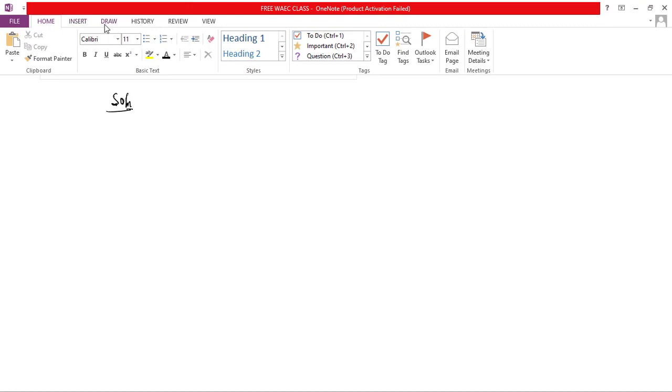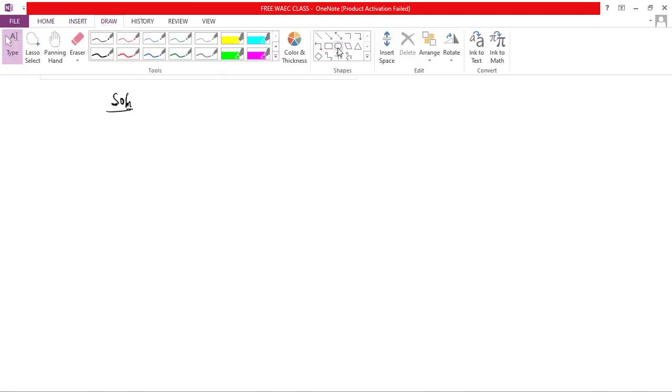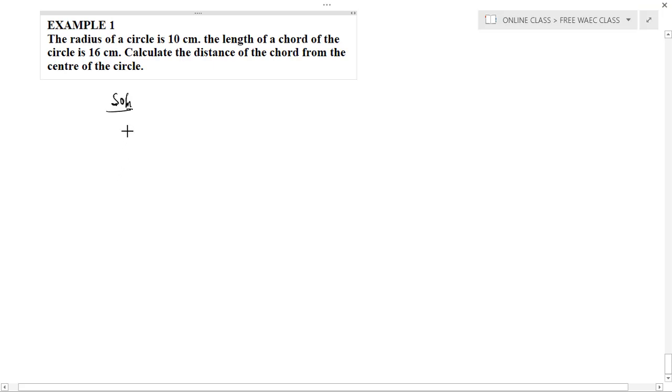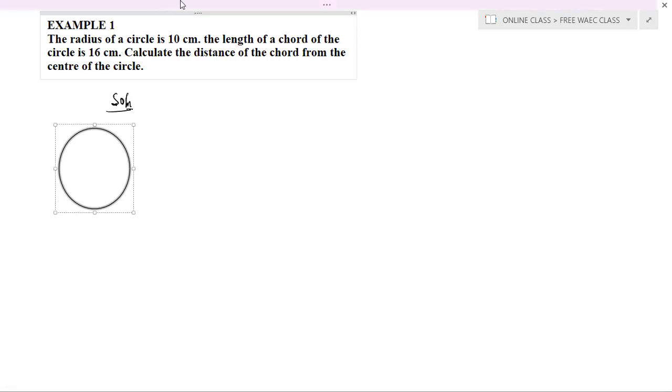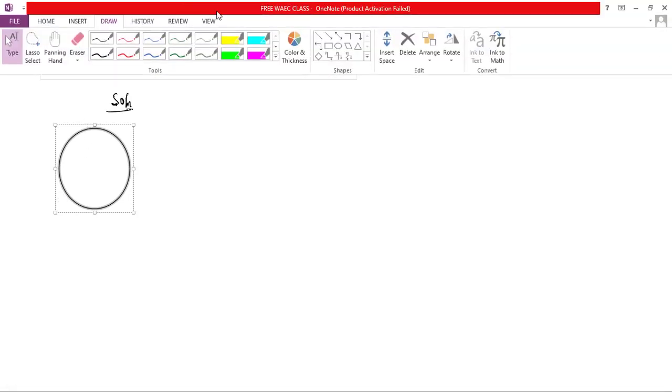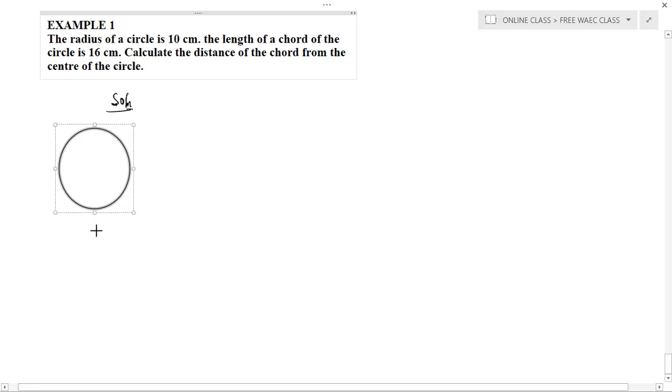Let's draw that. We have the circle here. Circle is drawn. Next thing is to draw the chord. The chord is drawn.